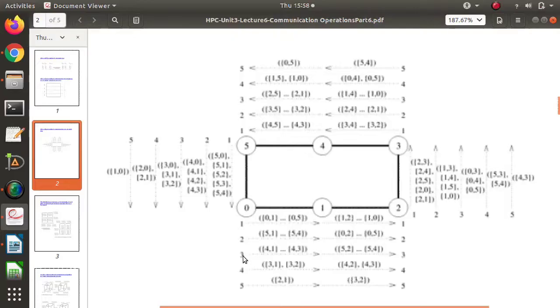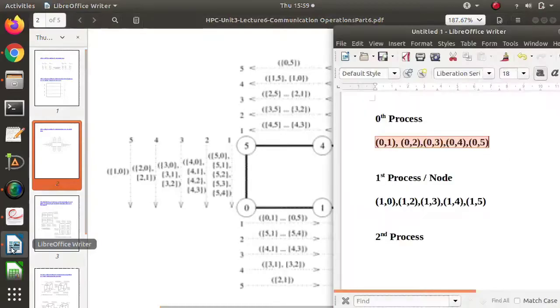Whatever messages they got in the third step, they will forward in the fourth step. Whatever messages they got in the fourth step, they will forward in the fifth step. Okay, but in every step one message is getting dropped. And what is the reason? So see, the first node got this message, but as 01 was meant for the first process, it will not forward this message, it will forward only these messages.